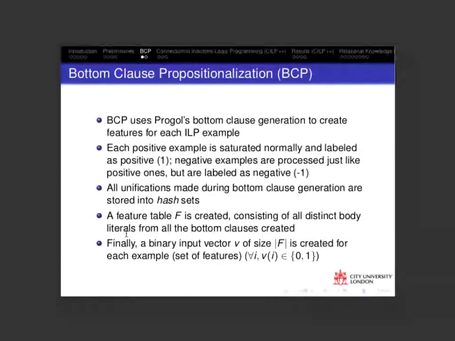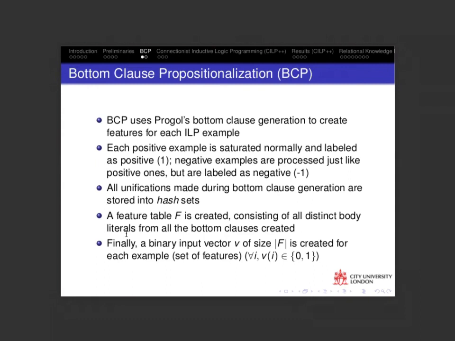And what we do with bottom clause propositionalization is we can translate such first-order literals into vectors. The positive examples are associated with the positive label +1, and the negative examples with the negative label -1, and the input vectors have value either 0 or 1. So 0 or 1 in the input, 1 or -1 in the output.